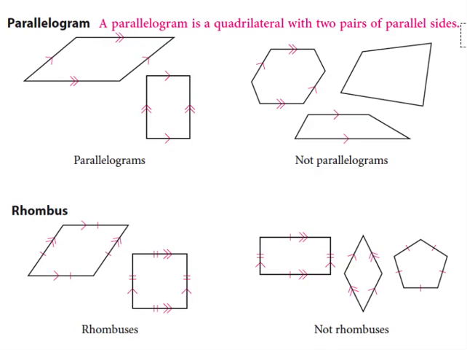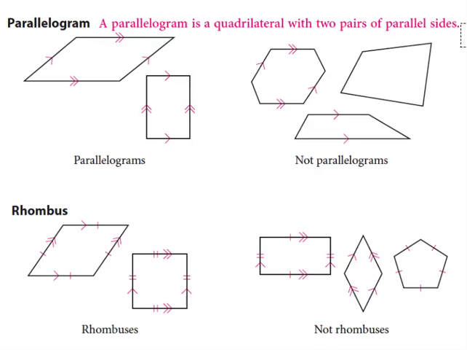I don't know if you say that they're equal length. We'll eventually learn about their lengths. But if you look at the parallelograms, they didn't have lengths marked, they only had parallel sides marked. Now if they're parallel, obviously they're going to have to be the same length. But a quadrilateral with two pairs of parallel sides.